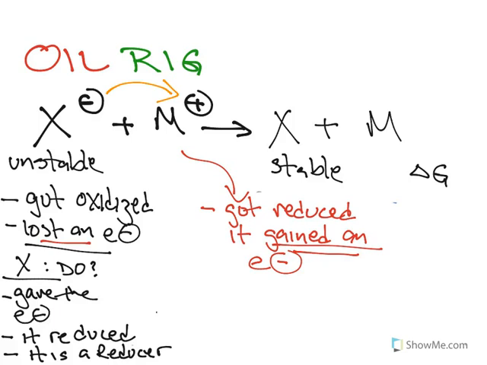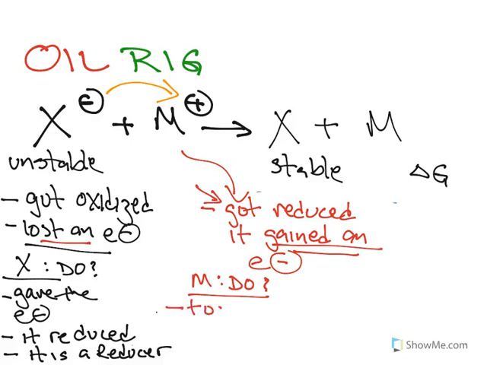Conversely, if we talk about M, what did M do? What happened to M is that it got reduced. But what did M do?